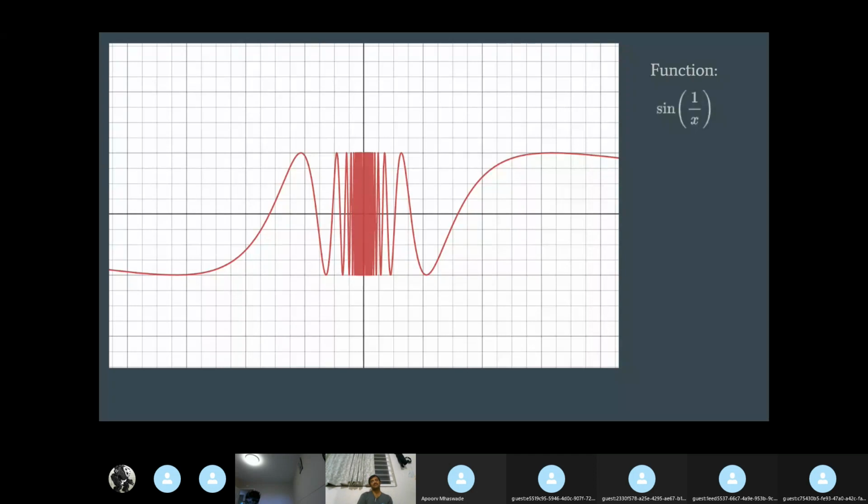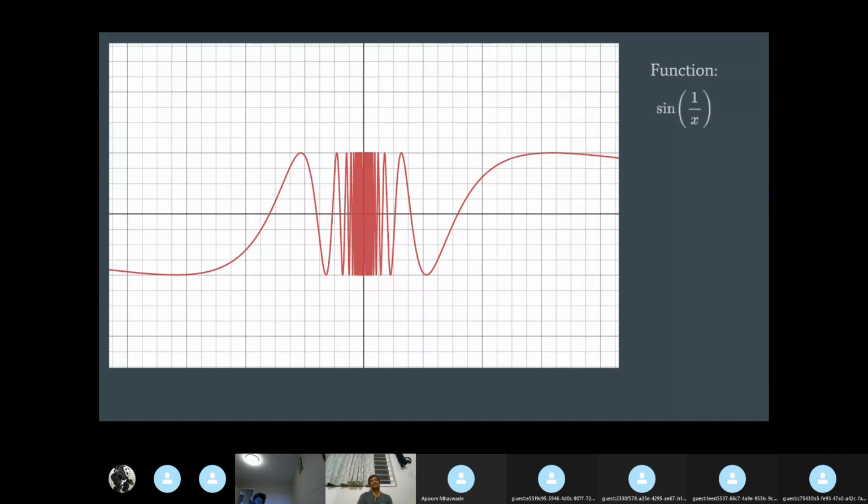It looks like a very crazy function, and it is sine 1 by x. So the question is, what happens as the input gets closer to 0?